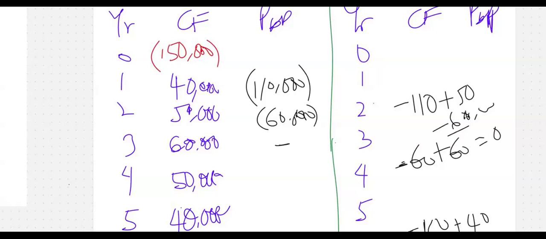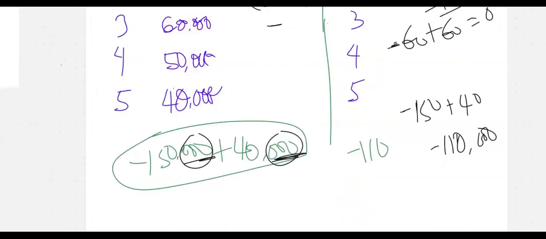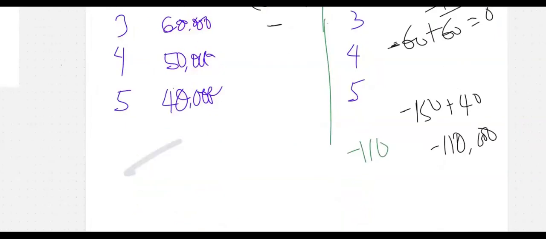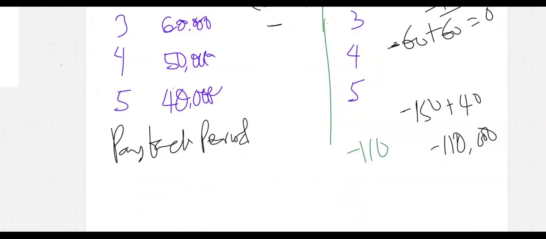So the payback period is asking us how long? Payback period, pay back. What are you paying back? You owe something. You've gone for a loan. You've gone for money to do something. How long will it take you to pay back the money you came for? 3 years.